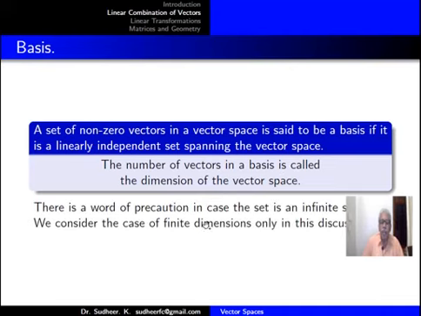There is a word of precaution in the case the set is an infinite set, that means if a vector space has a basis consisting of infinitely many vectors. But we consider the case of finite dimensions only in this discussion. That means we won't consider vector spaces having bases consisting of infinitely many vectors.